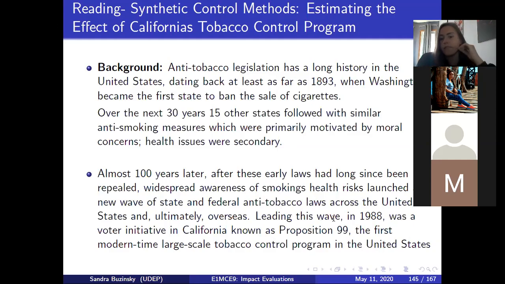So leading this wave in 1988 was a program in California, which was voted in by California people, and it was known as Proposition 99. So this was really the first modern large-scale tobacco control program in the United States. So this is what they do their analysis on.